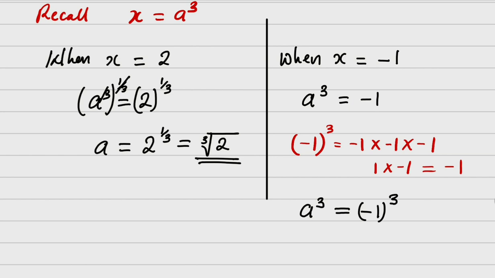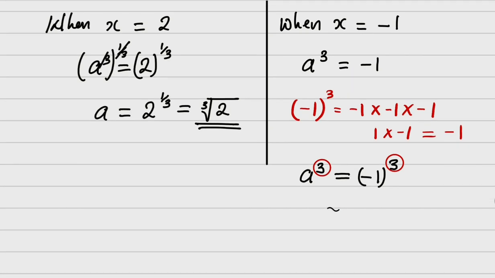Then we'll make this conclusion. As far as the right hand side is equal to the left hand side, and the power here is 3 while the power here is 3, then it therefore means that the bases must be the same. Hence, we can now conclude that our a is equal to minus 1. That is all.